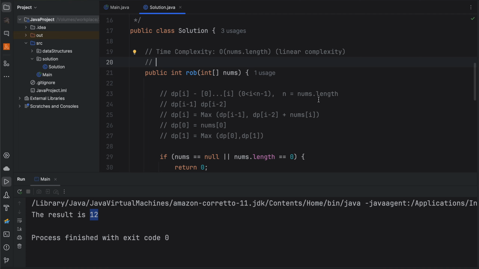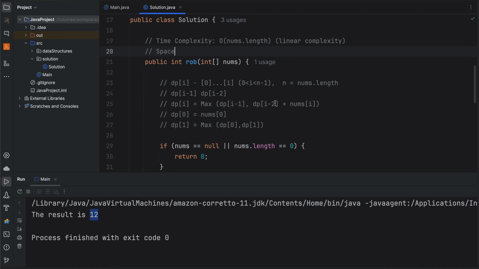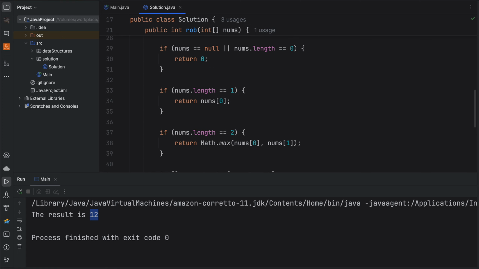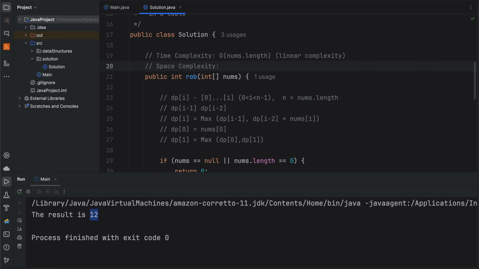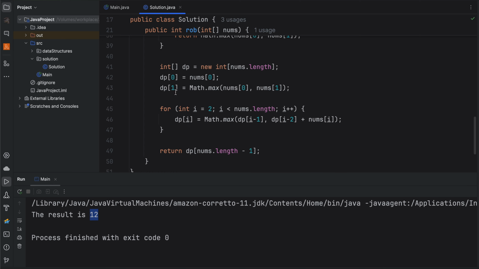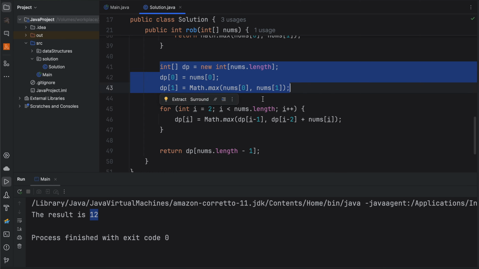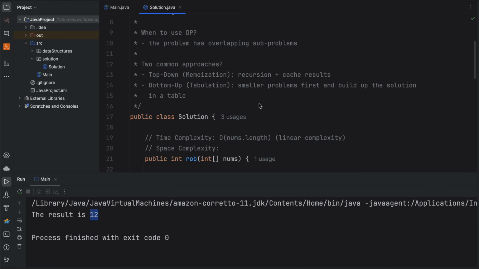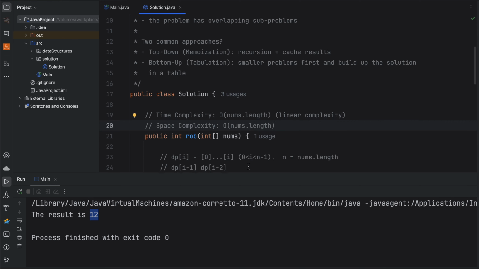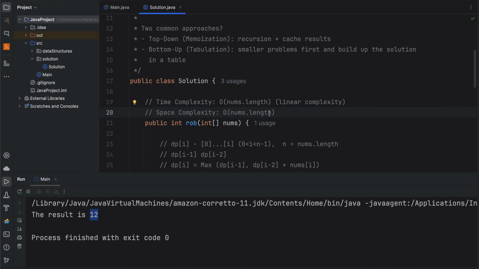On the other hand, what would be the space complexity of this particular solution? Well, the space complexity would also be linear. Why? Because we have created here an additional array with a length of n. So the space complexity would also be big O of nums.length.